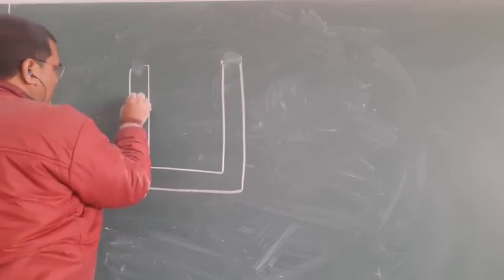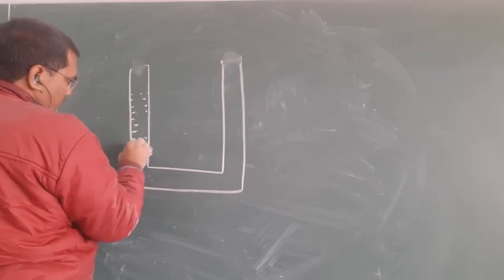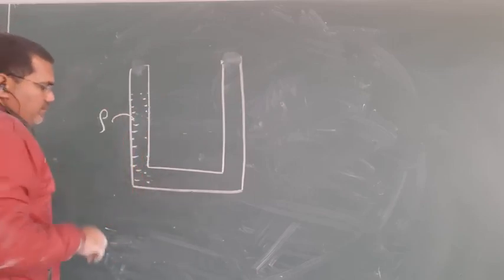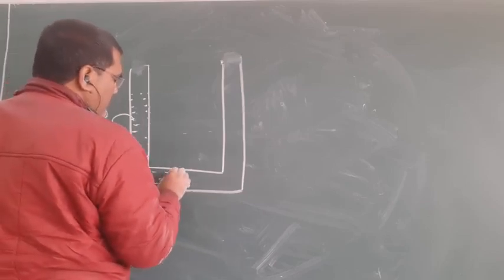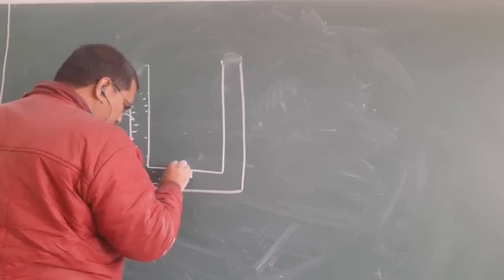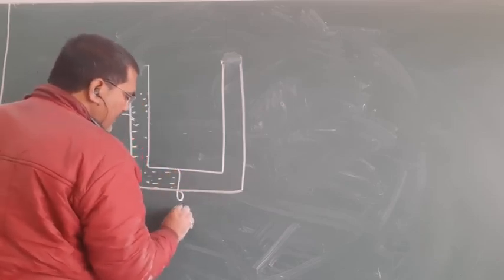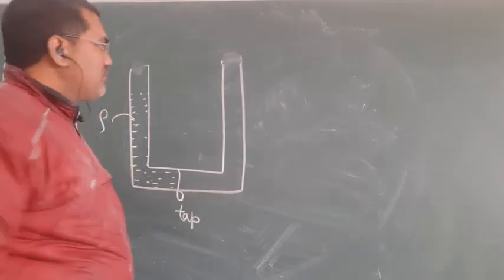And a liquid is filled in this column of density rho. And a stopper like that. This is the stopper, you can say a tap, used to separate two liquids.